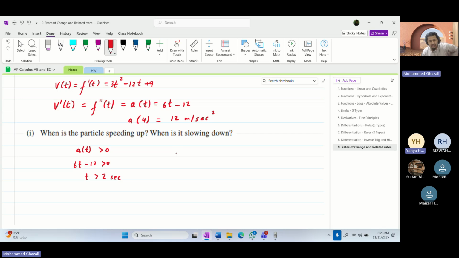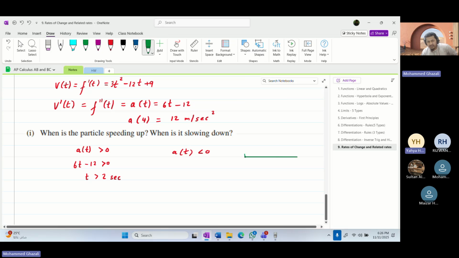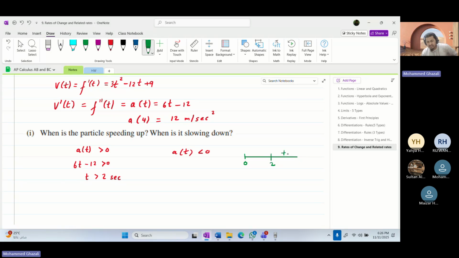When is it slowing down? So a of t less than 0. Just be careful, because when you say a of t is less than 0, remember you have a restriction with respect to time. So after 2 seconds, acceleration is positive and it is speeding up. And what's happening between 0 and 2?